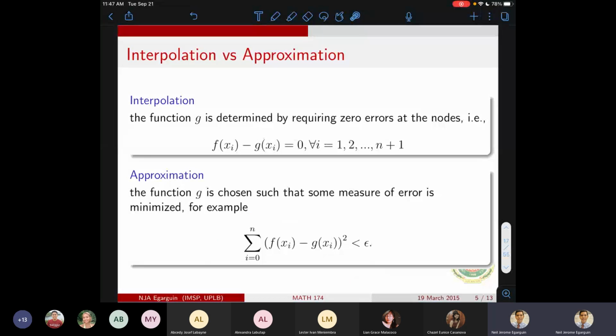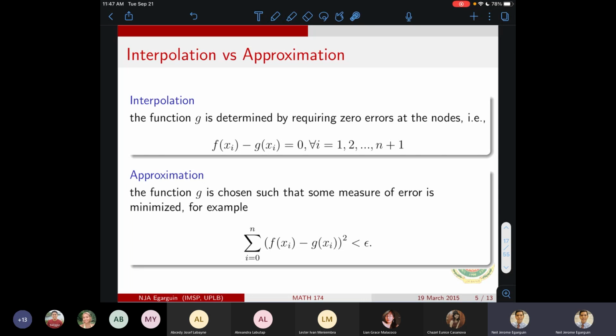Gusto mong maliit yung sum ng total ng mga errors sa bawat x_i. Okay? And these guys do not necessarily need to be equal to 0. We want them to be as little as possible so that you meet the error threshold epsilon. So that's why approximation treats error in a much global sense rather than a local sense. All right? So that's how we differentiate approximation versus interpolation.